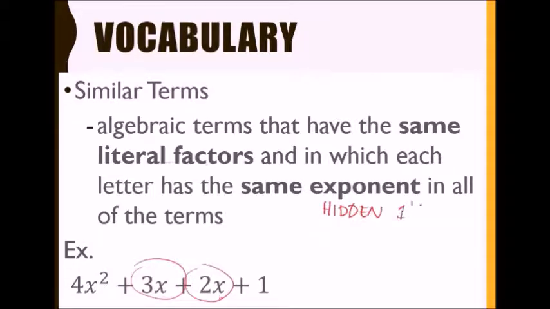So, in any number, kung anumang number yan, halimbawa 5, always remember that any number has a factor of 1, it has an exponent of 1, and it has a denominator of 1.